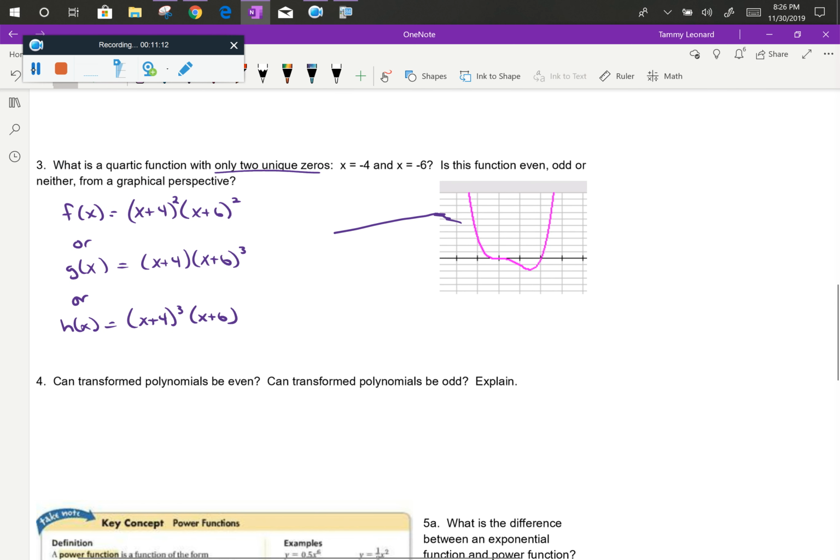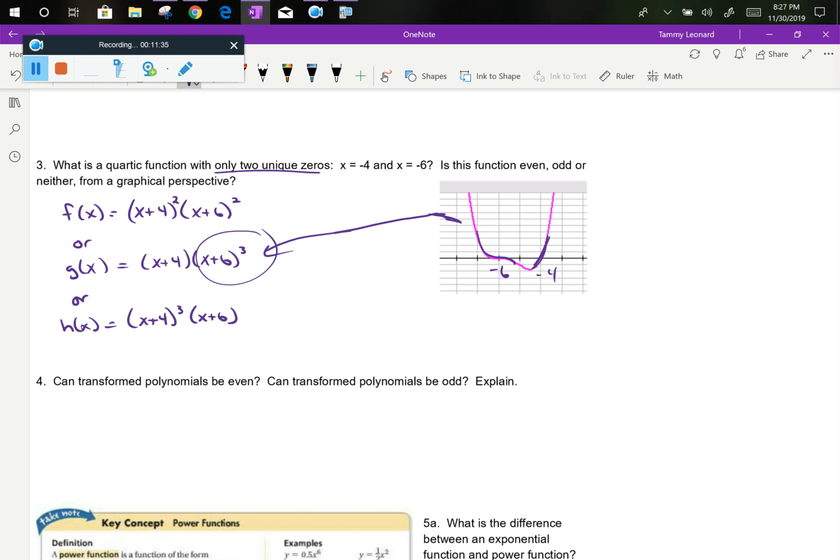When I look at it, the cubic part has to take place at the -6, whereas the linear part, the part that sort of just passes through one direction, has to take place at the -4. So even though all three of these were quartic functions working off of the same zeros, and they all had up and up end behavior, they had some pretty distinct differences in the way their graphs worked because of where we put the powers.